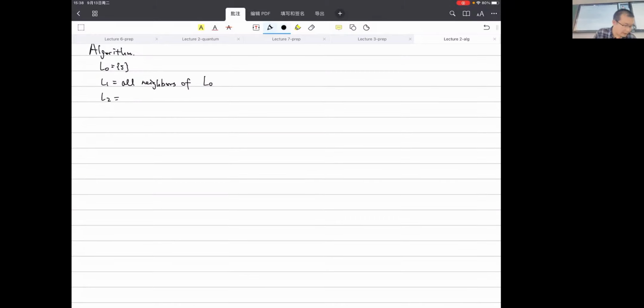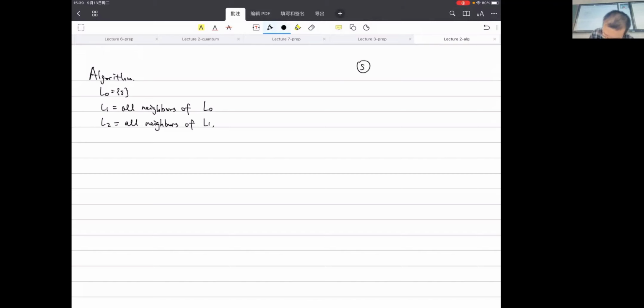And L2, correspondingly, you can imagine we want to consider all neighbors of L1. But we don't want to make something confused. For instance, you have an S, and let's say this is V1 and this is V2. Let me draw this larger. Assume you have an S here, a V1, and a V2.